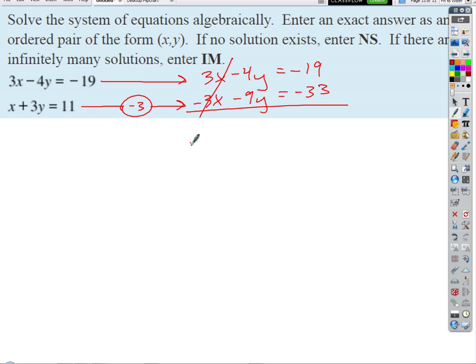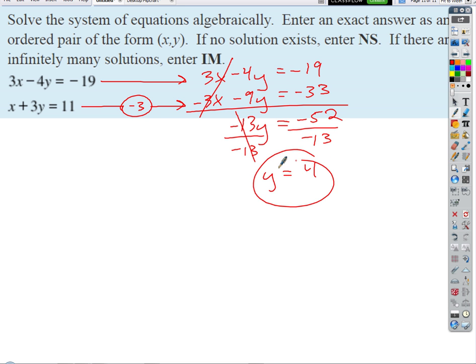That's good. I eliminated the x's. Negative 4y and negative 9y is what? Negative 13y. Negative 19 and negative 33 is negative 52. What do I do? Divide by negative 13 and get y equals 4.